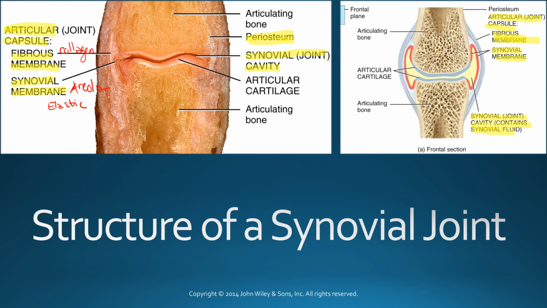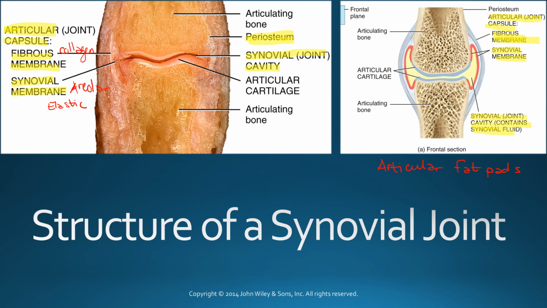At many synovial joints, the synovial membrane includes accumulations of adipose tissue, called articular fat pads. You can't really see them here, but in many synovial joints, the synovial membrane includes articular fat pads.